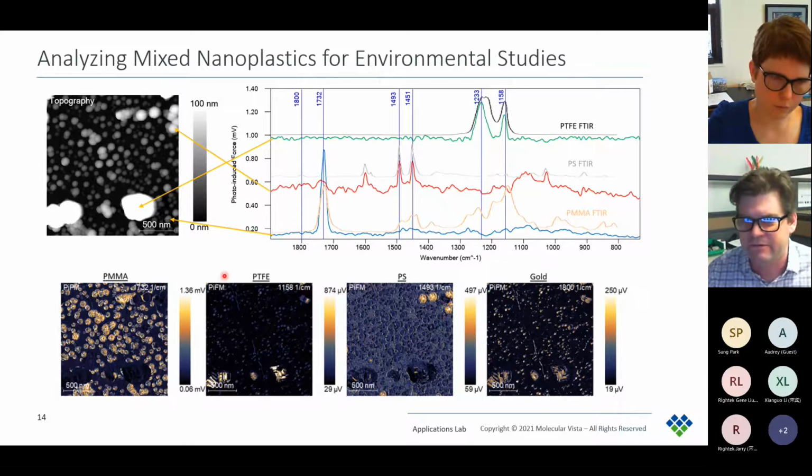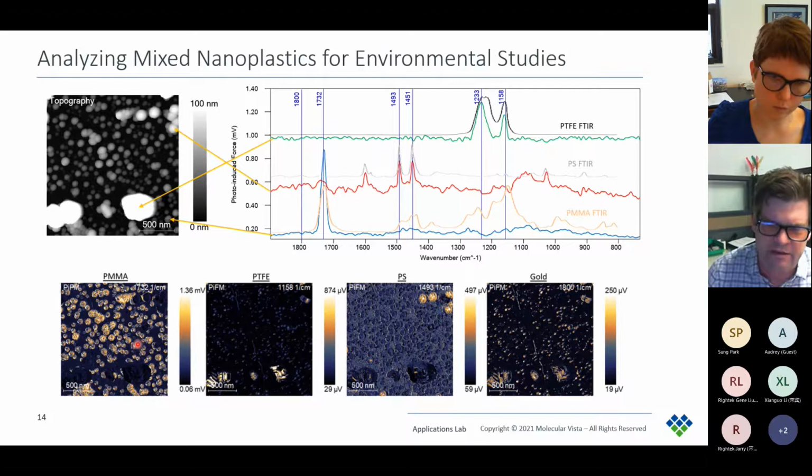And so you can see very nicely, if we take a point spectrum on top of this large nodule here, we get a very nice Teflon, or PTFE, spectrum. If we highlight one of these smaller bead regions over here, we see a polystyrene based spectrum. And then, of course, if we highlight the smaller ones, we're seeing PMMA.